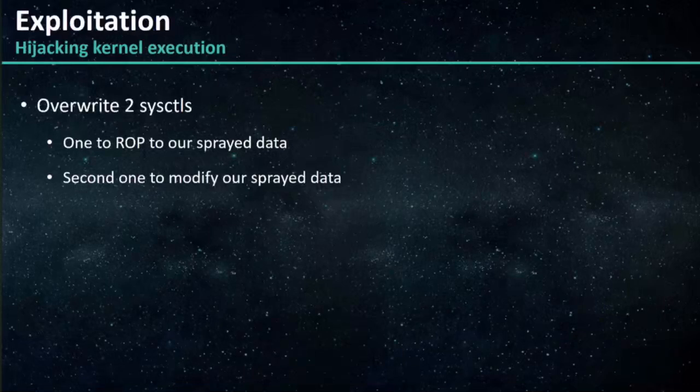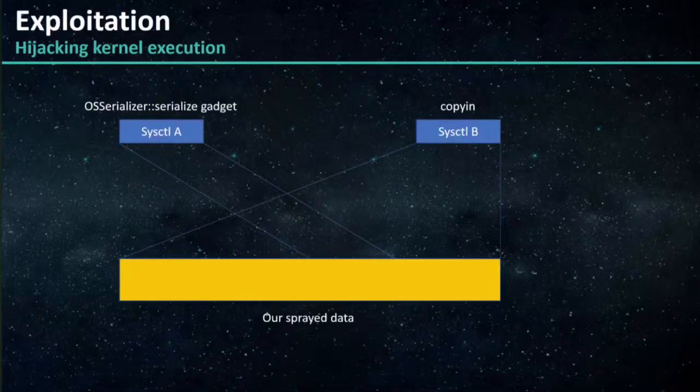So once we established a successful single write, I want to be able to establish as many read-writes as possible. So the way it looks is that I have two sysctls. The first one of them overrides our sprayed data, which resides in the kernel. So we overcome the SMAP or PAN mitigation. The second sysctl takes a small portion from our spray data and issues a ROP to OSSerializer::serialize based on this data.